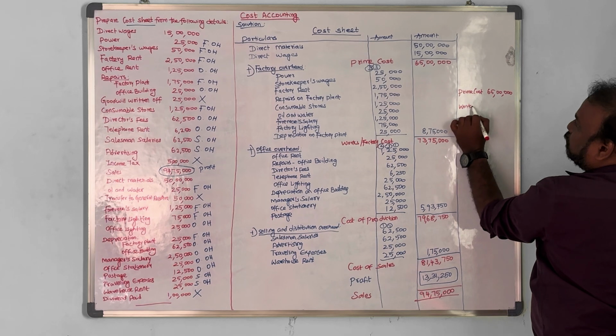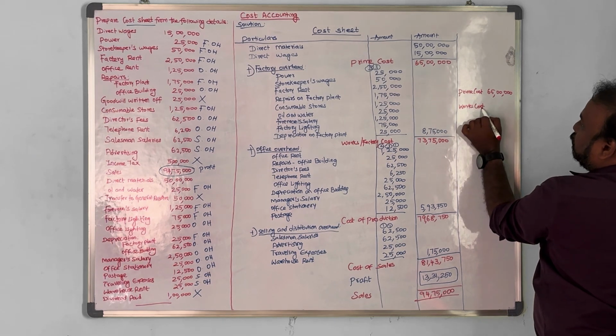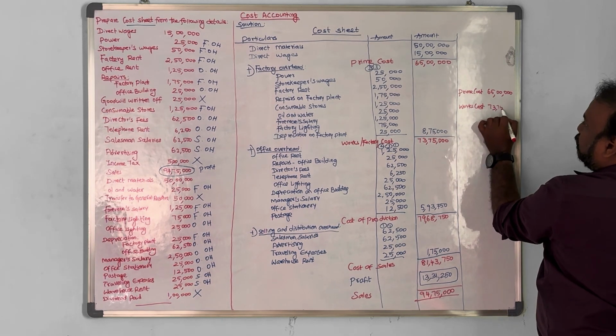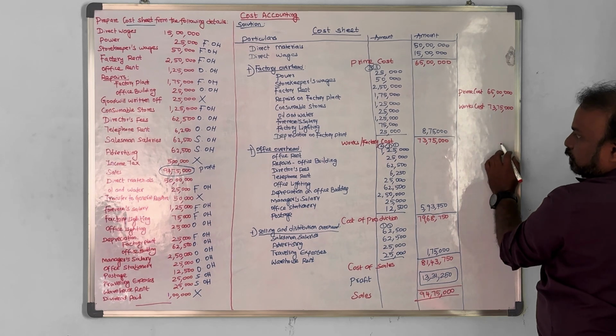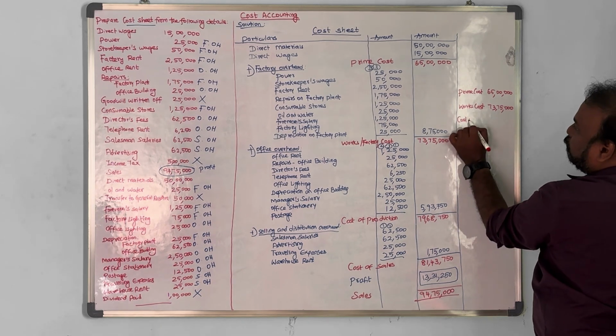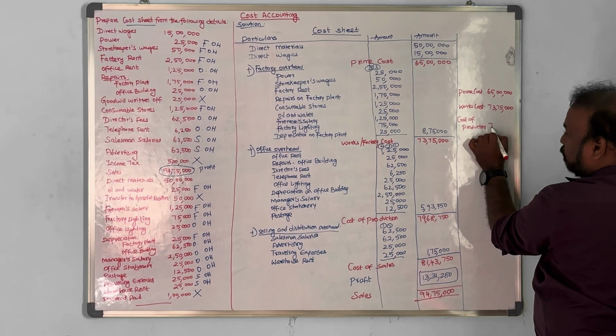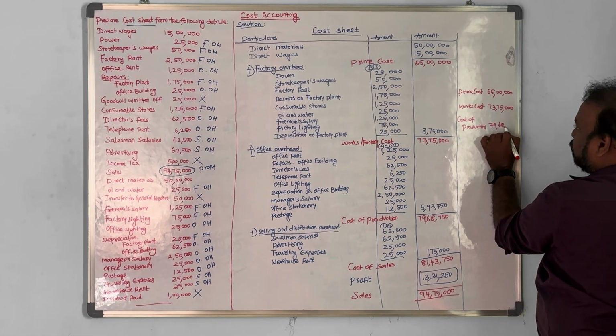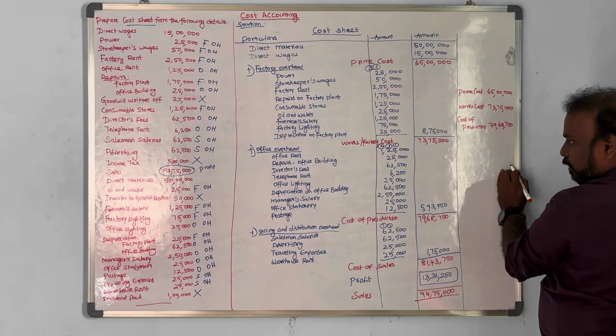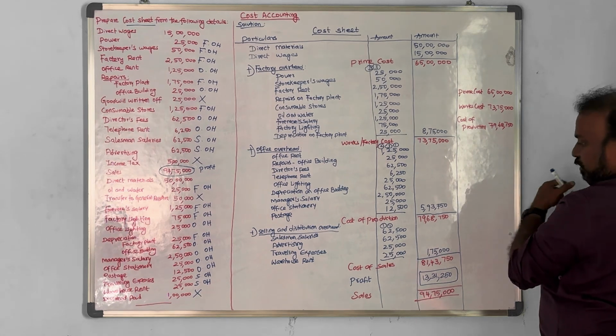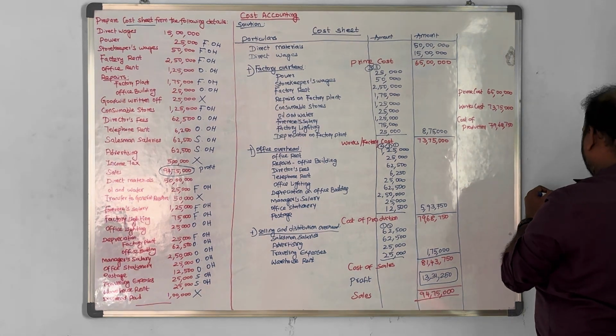Work cost 73,75,000. Then cost of production 79,68,750. Then cost of sale 81,43,750, and profit for this question is 13,31,250.